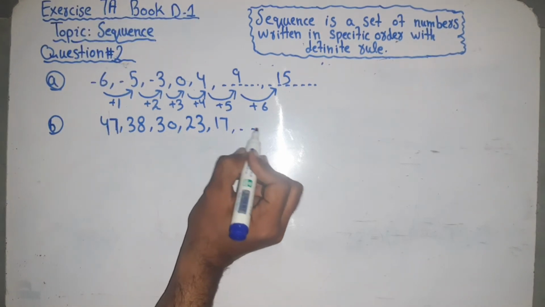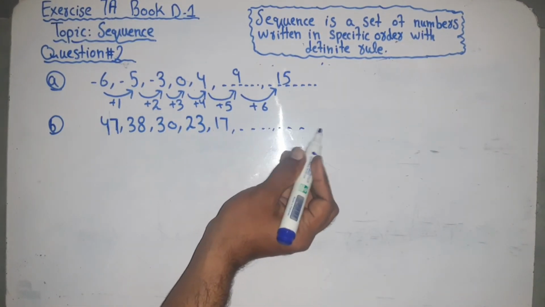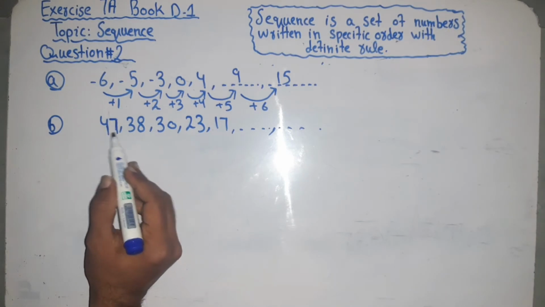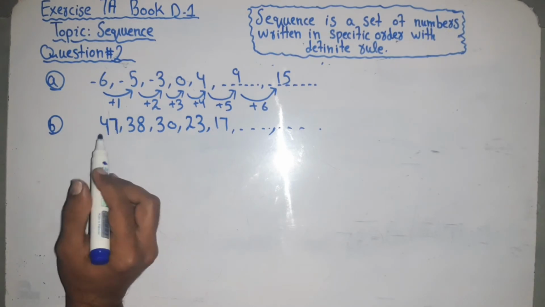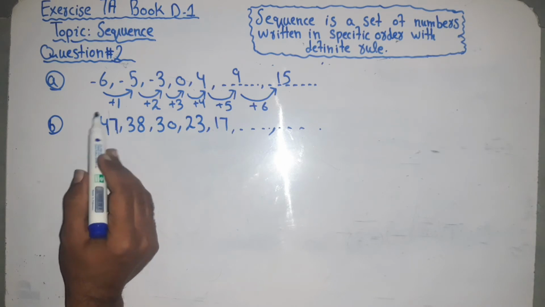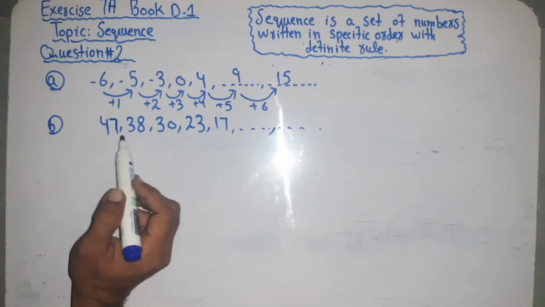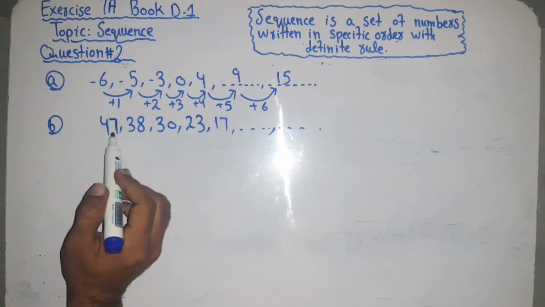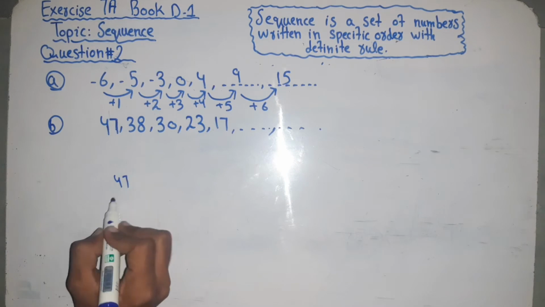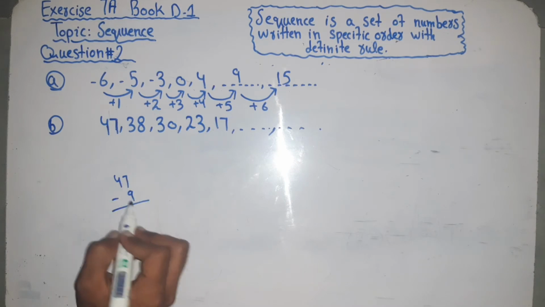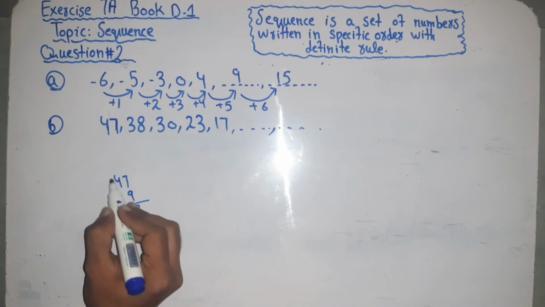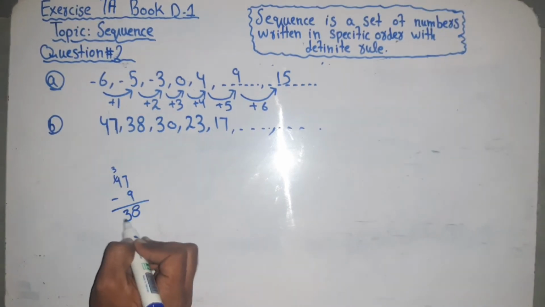So we have to check what we subtract from 47 to get 38. What should we subtract? If we subtract 10 from 47 we will get 37. So if we subtract 9 from 47, what will we get? We will get 38.